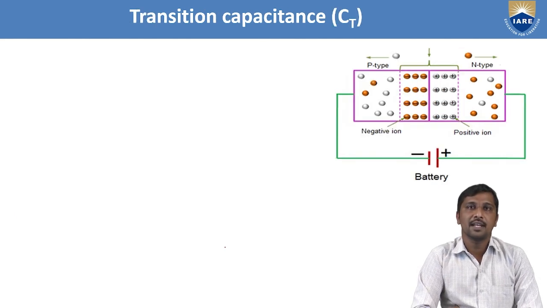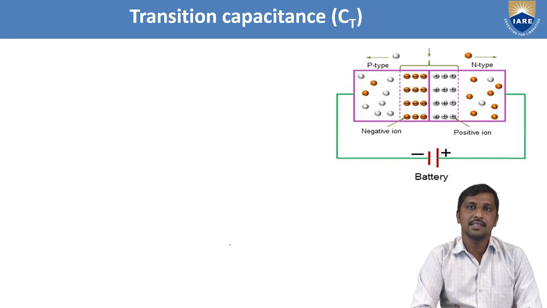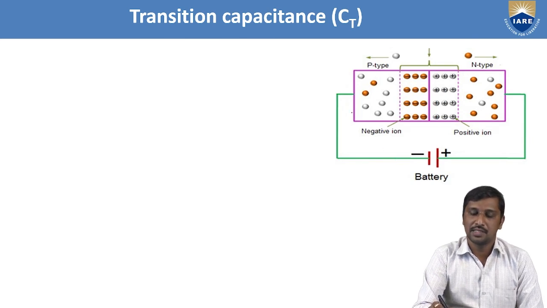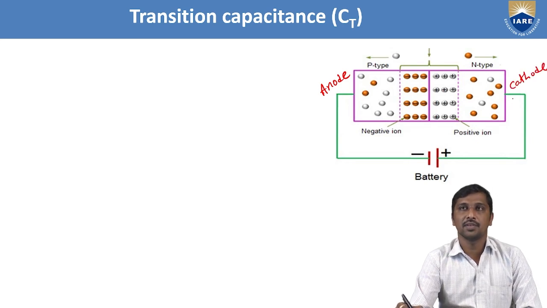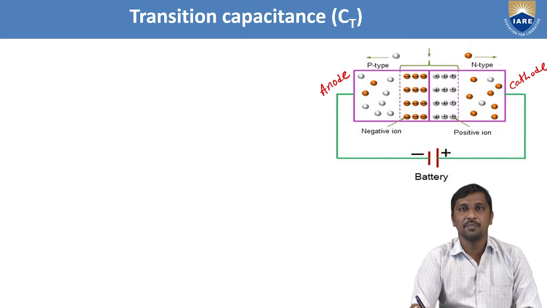Similarly, the other capacitance is the transition capacitance, and this transition capacitance is observed from the reverse bias characteristics of the PN junction diode. First, I consider this PN junction diode under the reverse bias mode. This is the P side, and this electrode is represented as the anode, and this electrode is represented as the cathode. Here the anode is connected with the negative pole of the battery, and the cathode is connected with the positive pole of the battery.